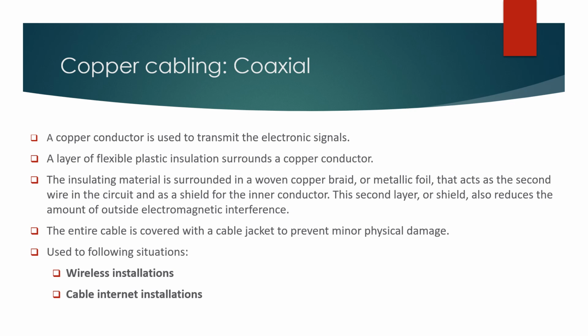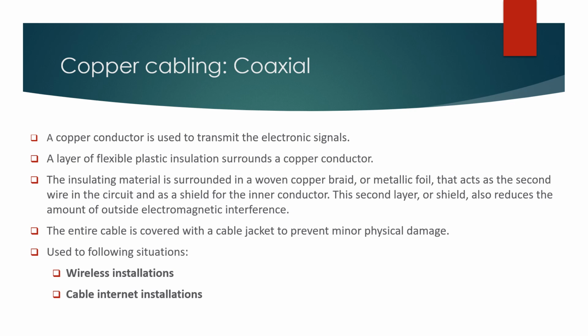And there are types of connectors used with coaxial cable. They are called bayonet Neill-Concelman, BNC, and the type N or F. Also, UTP cable has essentially replaced coaxial cable in modern Ethernet installations.